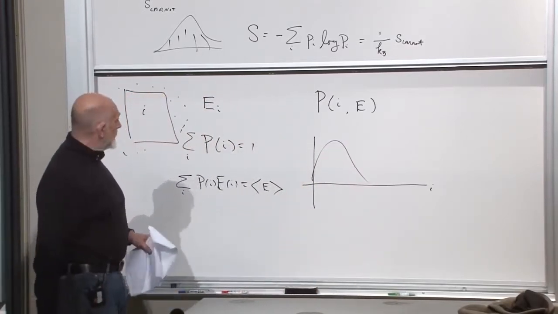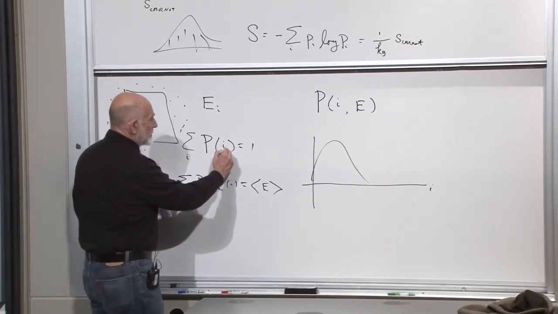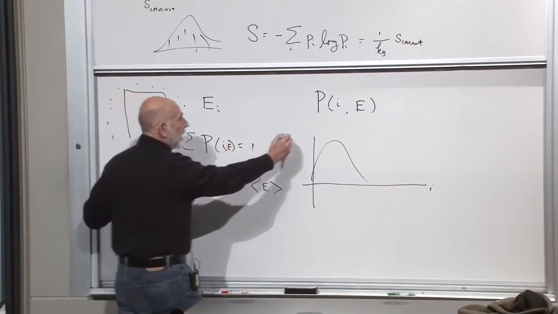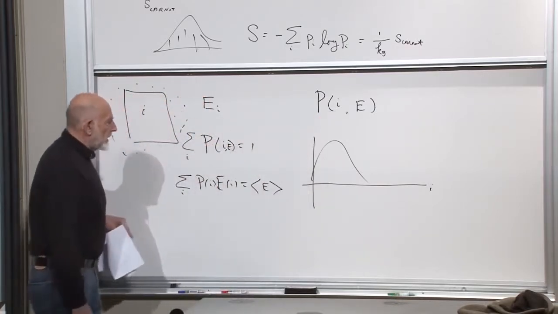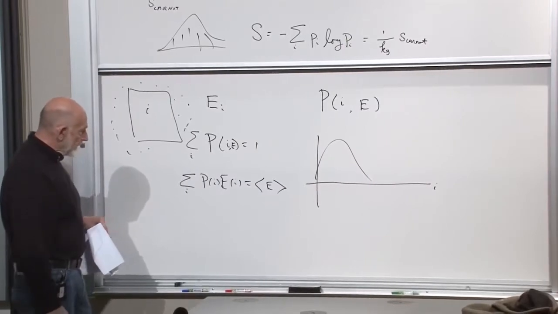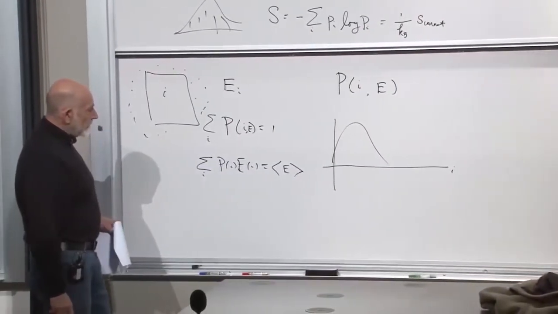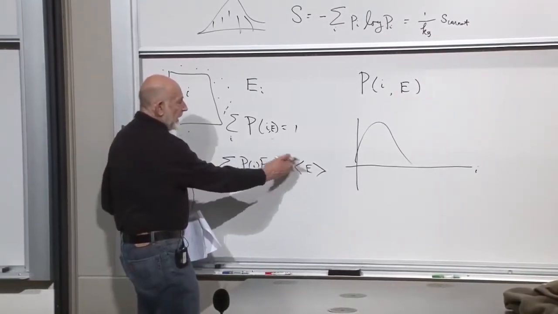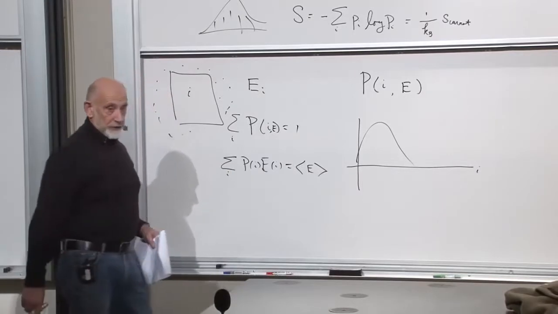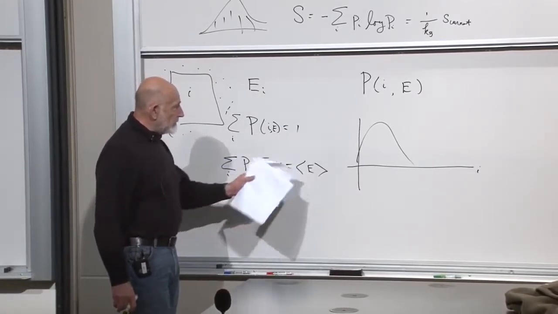For every value of the energy, we can now put in here E, with a comma. For every energy, the total probabilities have to add up to 1. And what about this equation here? On the right-hand side, this E is just the average energy. So that defines the average energy.